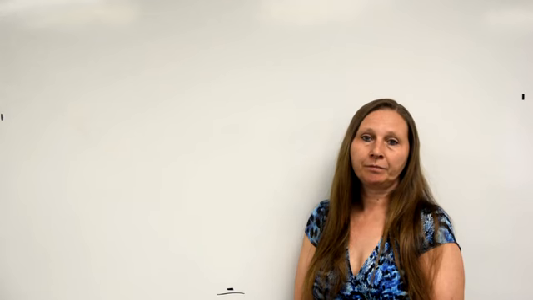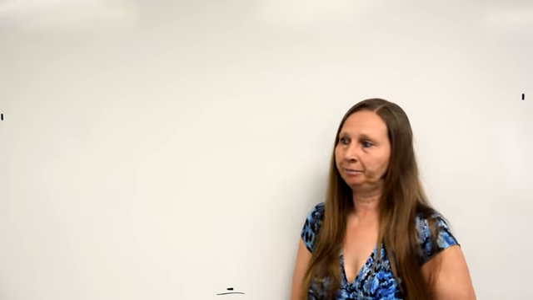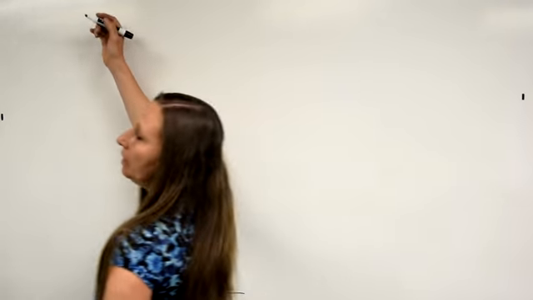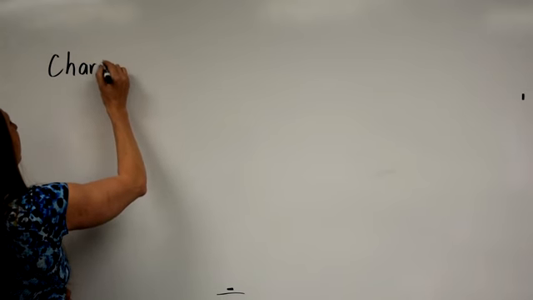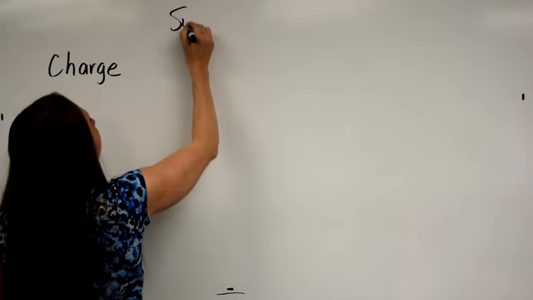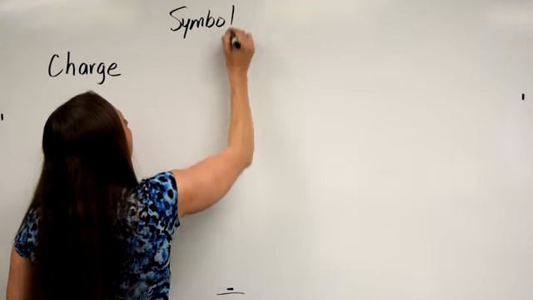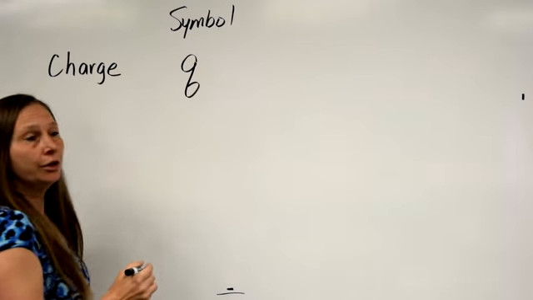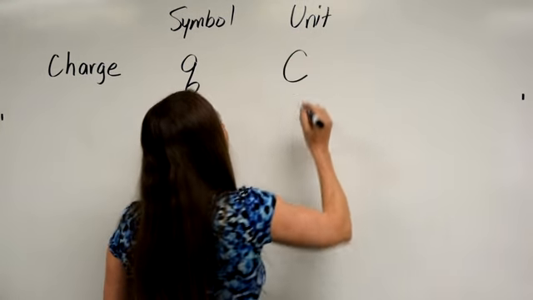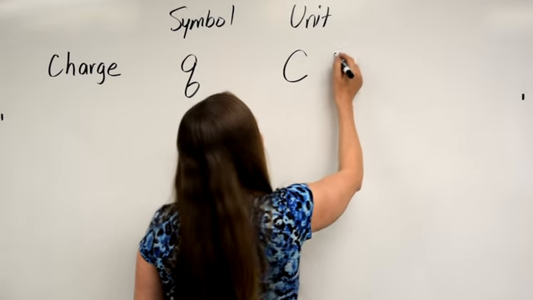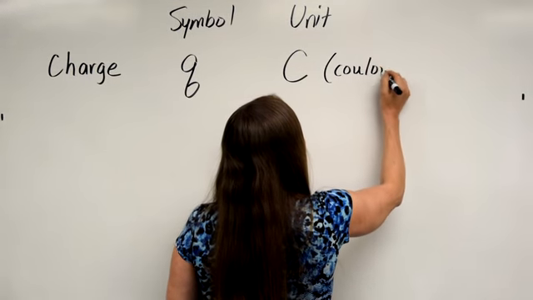Perhaps you remember from the electrostatics topic that the symbol for charge is a lowercase q. And the unit for charge is an uppercase C, and that stands for Coulomb.